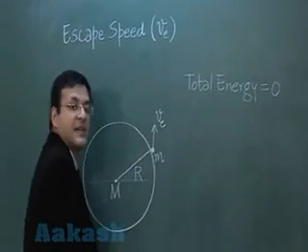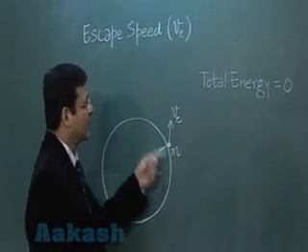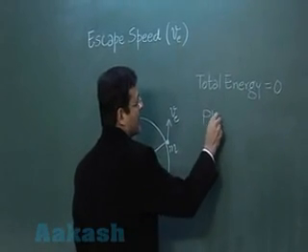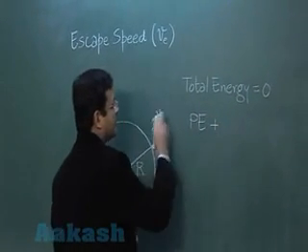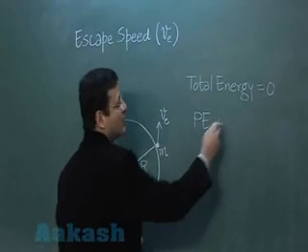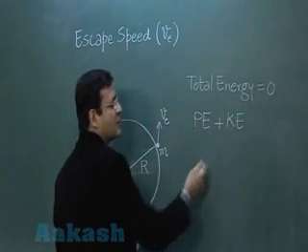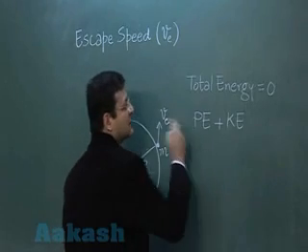If you talk about the escape speed, then right now you see it had the potential energy, and with the help of this escape speed you are trying to provide it a kinetic energy. The potential energy, you happen to say that this is negative.